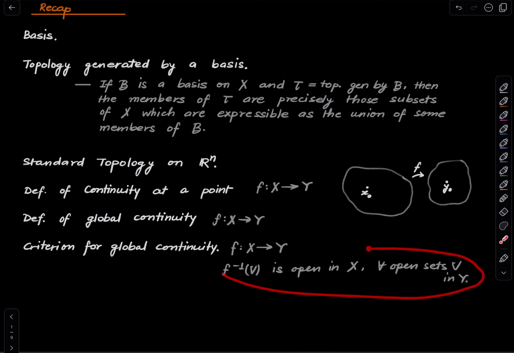Let me just rehash what this means. It just means that whenever you pick V in the topology on Y, then its pre-image is in the topology of X. That's all.